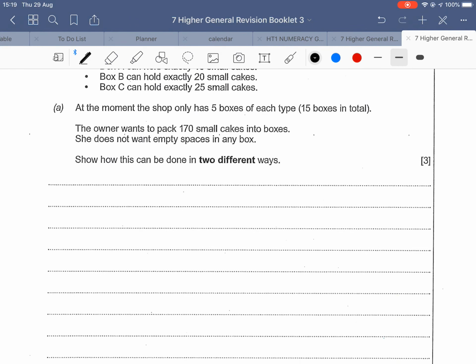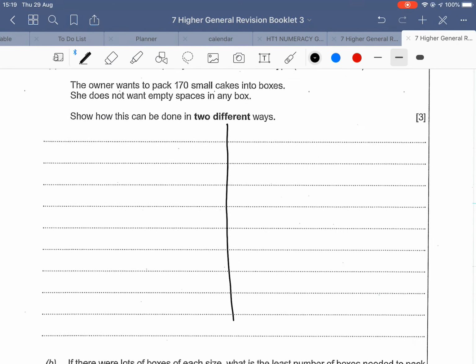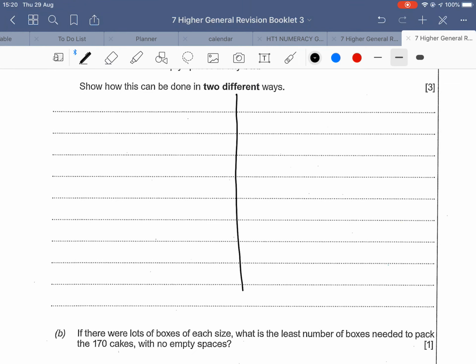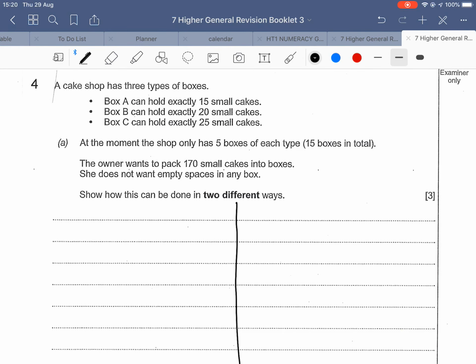Oh, jeez. Okay, I'm just going to split this in 2, because otherwise I'll use too much space. Right, so we're going to make 170. I would literally pick up my calculator and do some trial and error. What's jumping out at me, the first one, is if I had, so this is my first option, 3 lots of box A, so 3 lots of 15, that's 45.